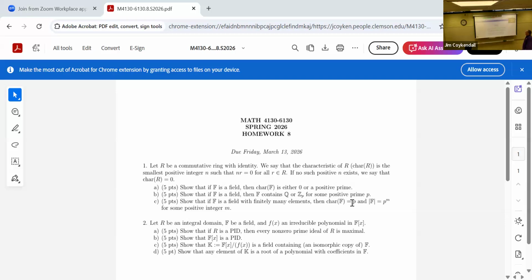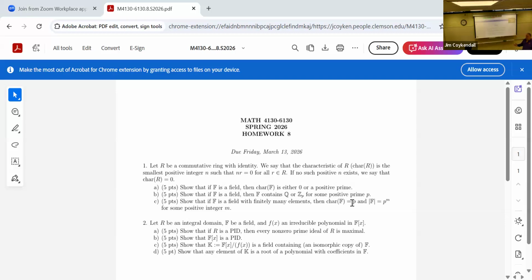Number 1a: show that if F is a field, then the characteristic of F is either 0 or a positive prime. Show that if F is a field, then F contains Q or Z_p for some positive prime. And this is the interesting one. How many of you have ever messed around with finite fields that aren't just Z_p?